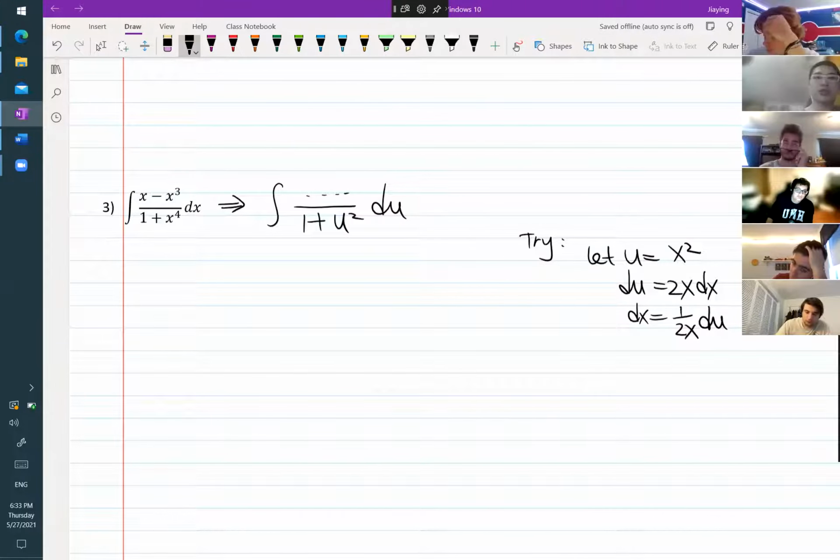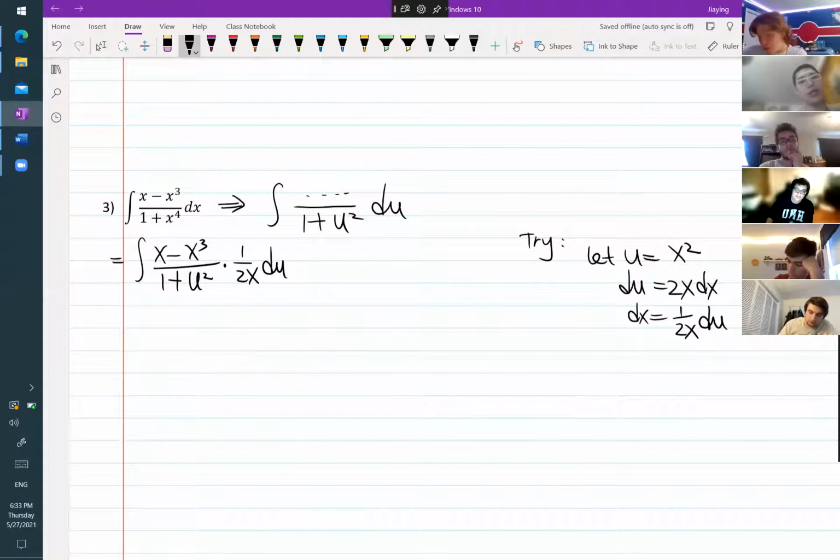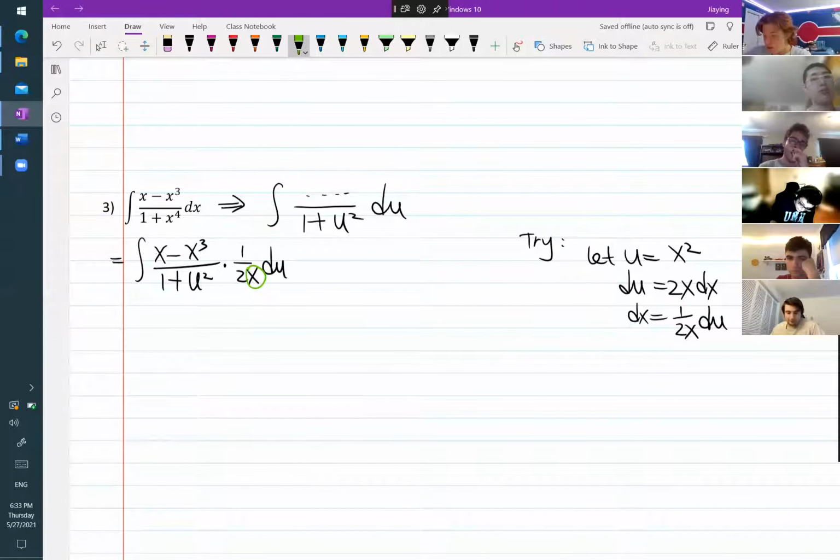So now I'm going to use substitution into the integral we began with. So we get the integral of x minus x cubed divided by 1 plus u squared, and then 1 over 2x du. You probably look at it as, it doesn't really help us much. The denominator has the x, and the numerator has x minus x cubed. So maybe we can simplify the numerator with the denominator with the x terms, because there's an x cubed.